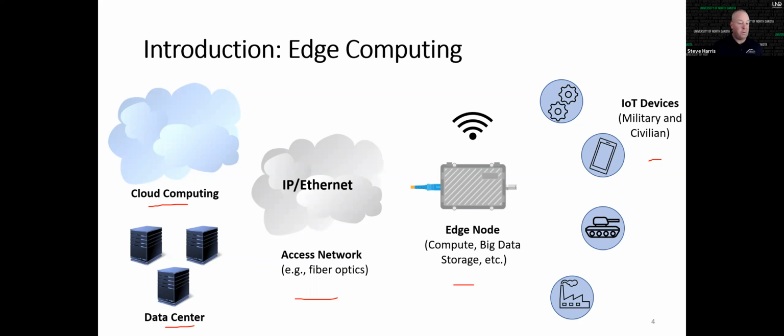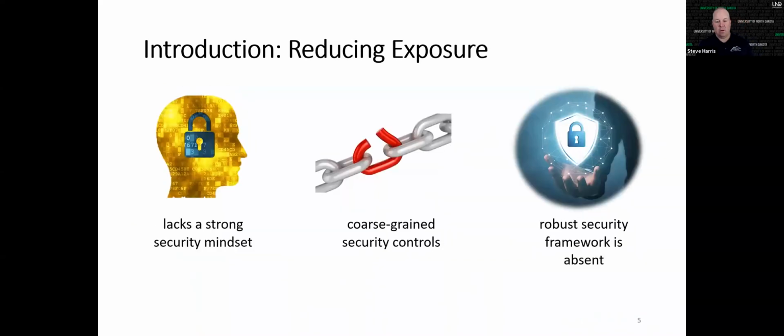Edge compute is an open platform. That means that many vendors can design for it, but on the flip side, it's not standardized. And it uses multiple hardware platforms, software packages, and programming languages. So our research paper will examine edge compute security to reduce exposure to cybersecurity attackers. An edge compute deployment often lacks a strong security mindset.